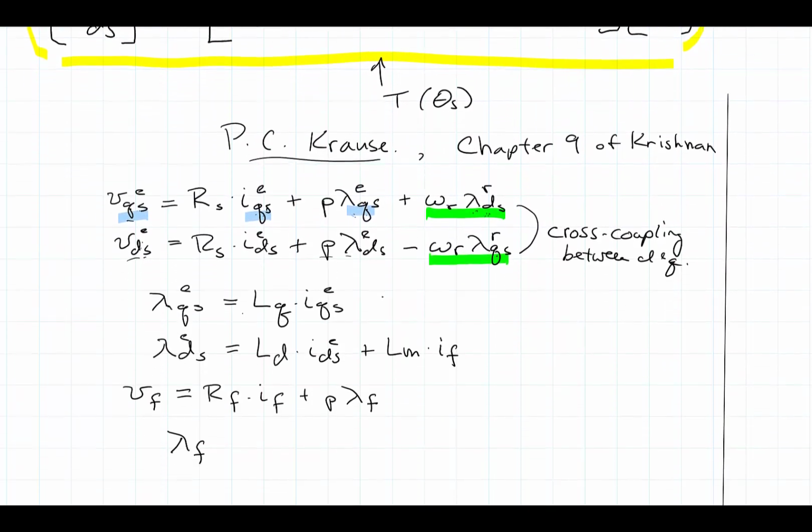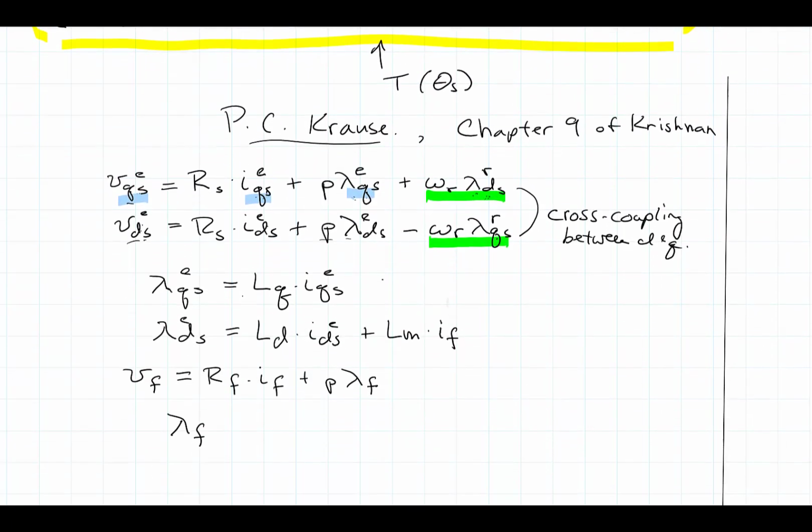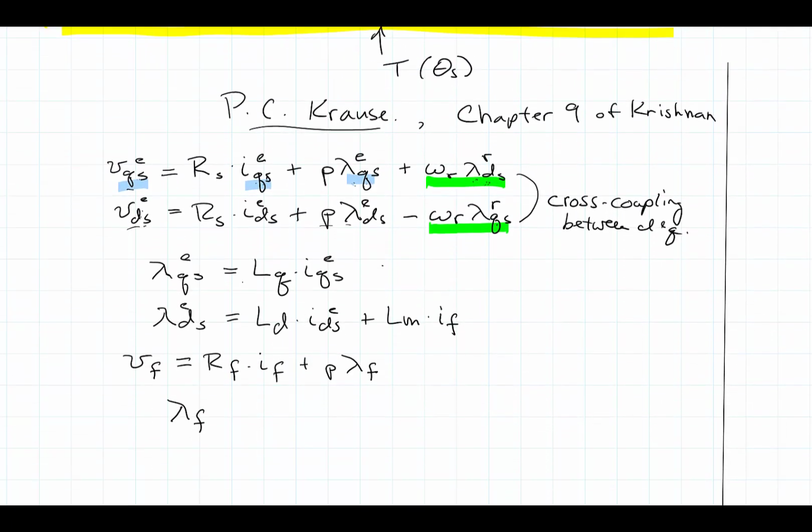And in this case, the only winding that couples to the field winding is the D-axis. So we're going to have a lambda F equal to the self-inductance times the field current plus a mutual inductance times IDSE.